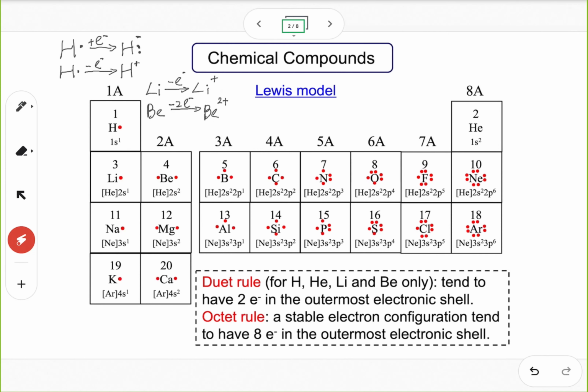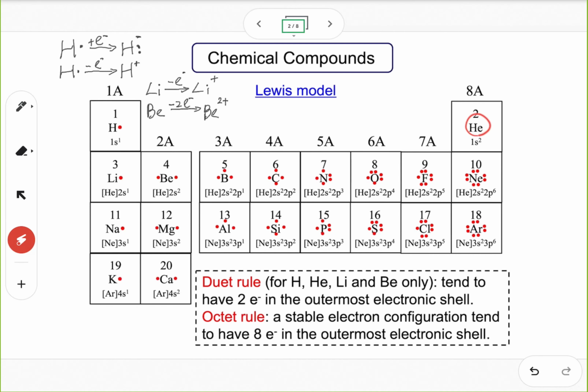How about helium? If you take a look at the electronic structure, it has 2 electrons already, so it's happy enough. That's why helium is very, very stable. It does not want to lose electrons, and does not want to gain any more electrons. It will stay like the 1s2 electronic configuration.